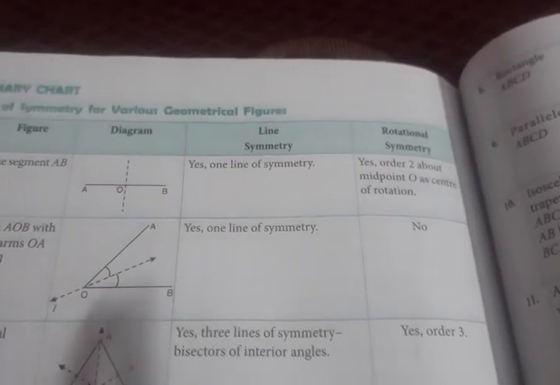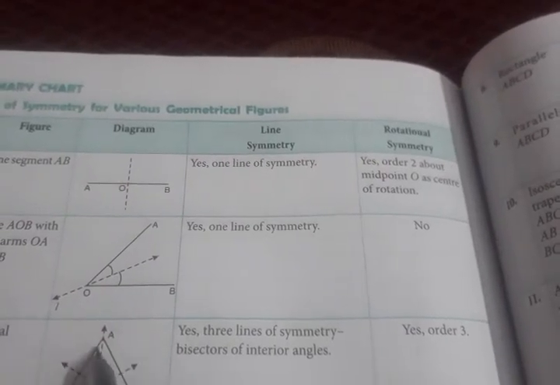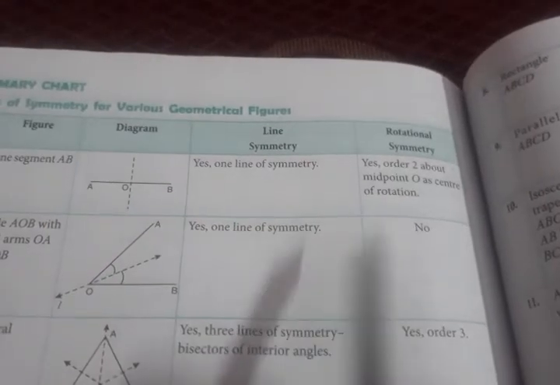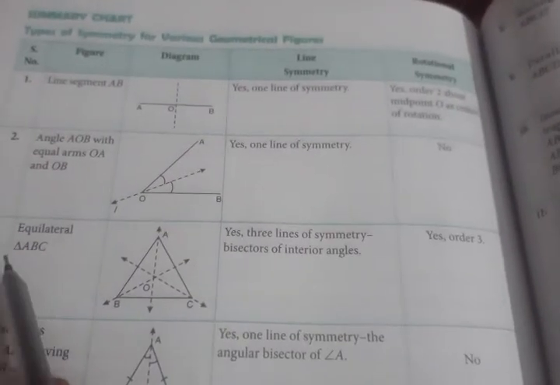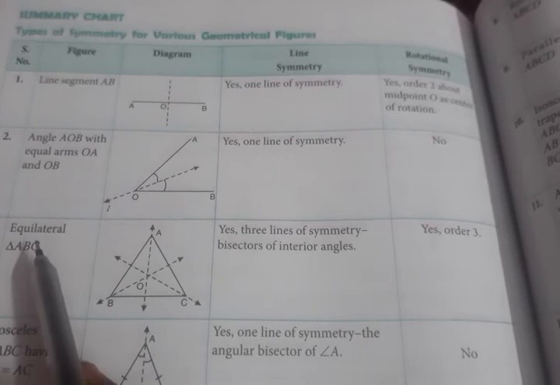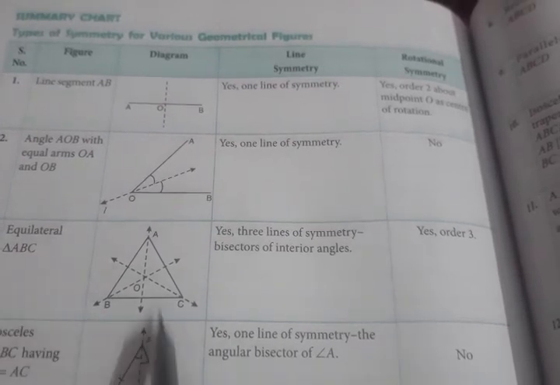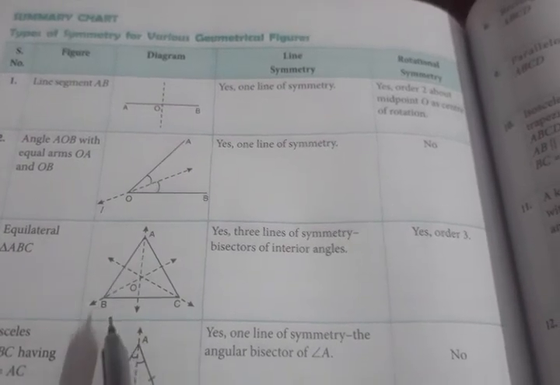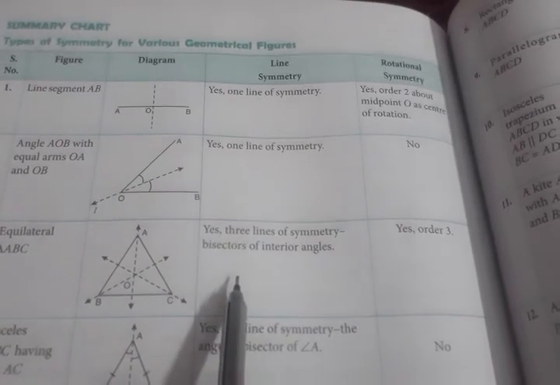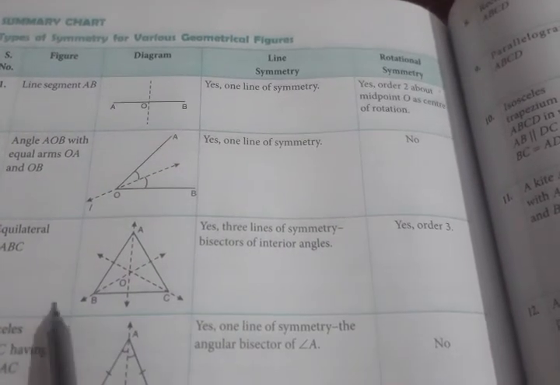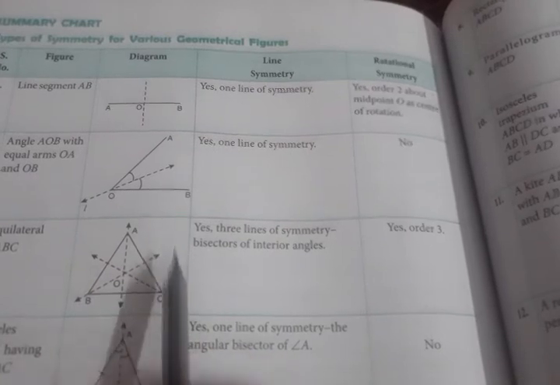Then another one is angle AOB, with equal arms OA and OB. One line of symmetry, no rotational symmetry. Then next, equilateral triangle ABC, 3 lines of symmetry, the bisectors of the interior angles, rotational order 3.